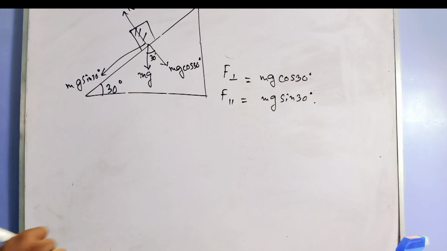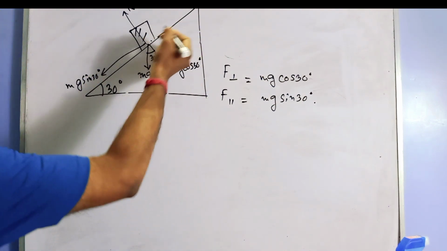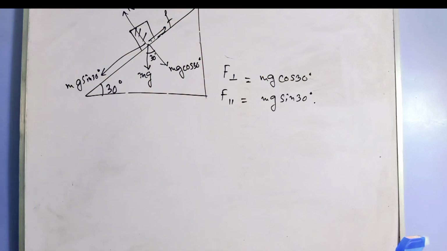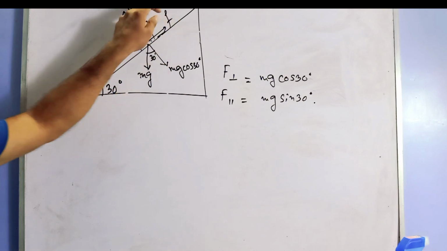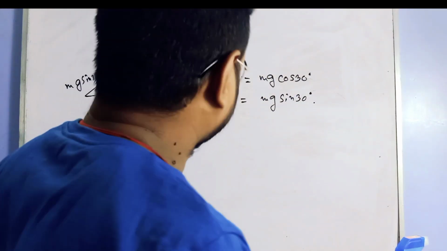For equilibrium, if the plane is smooth, then mg sin 30 equals 0, or if friction acts along this, then mg sin 30 equals F and N equals mg cos 30. For equilibrium, the opposite forces are equal.